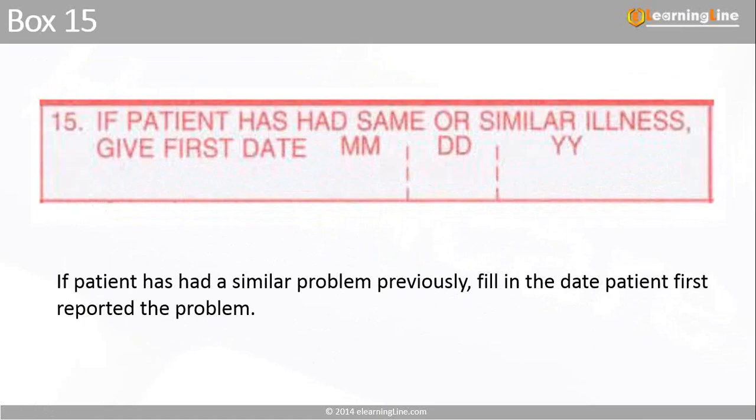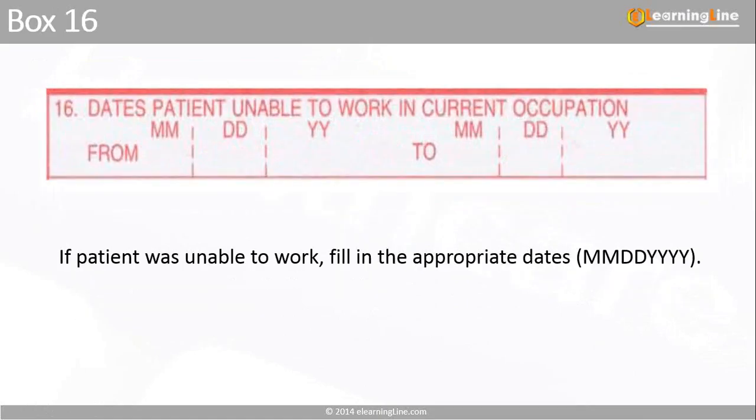Okay, so this is more from the historical tracking. Now you have box number 16, which says dates patient unable to work in current occupation.